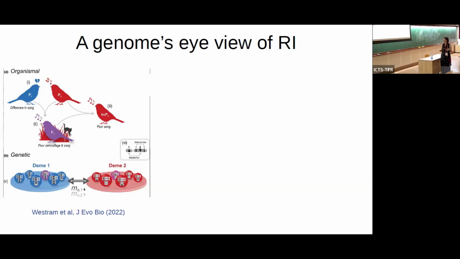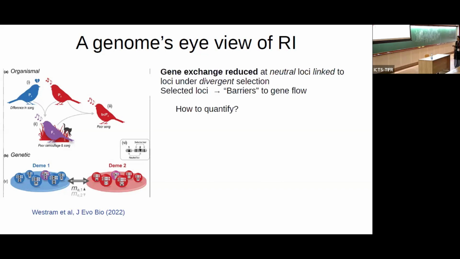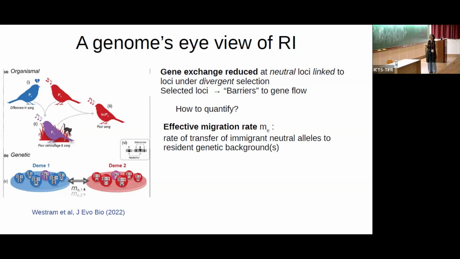And this means that they get decoupled from these divergently selected loci more easily. So, summarizing, gene exchange is reduced at neutral loci that are linked to loci that are selected differently in the different populations. And because these selected loci inhibit gene exchange at nearby locations, they're often also referred to as barriers to gene flow. And one might quantify this by defining an effective migration rate.